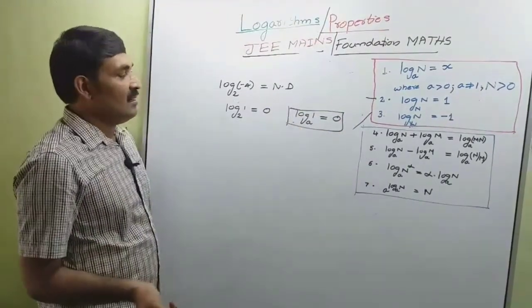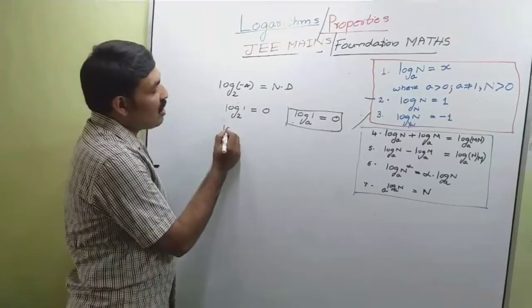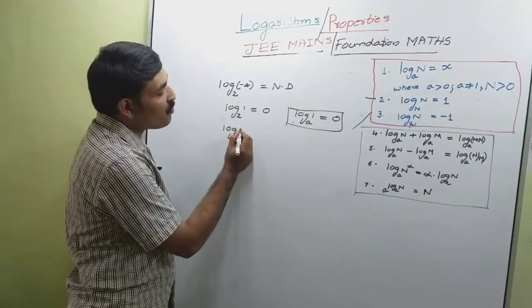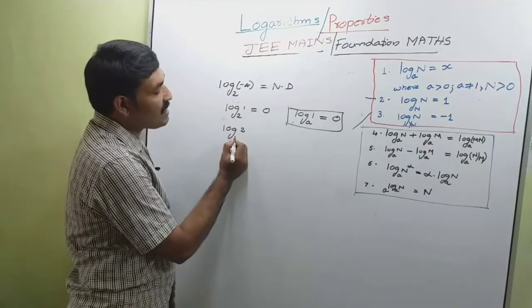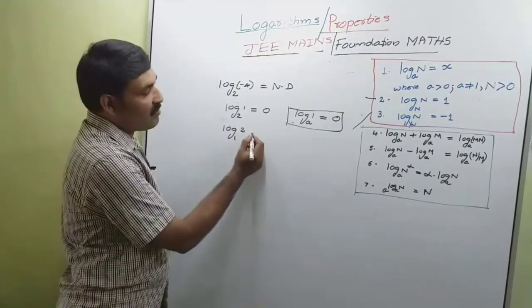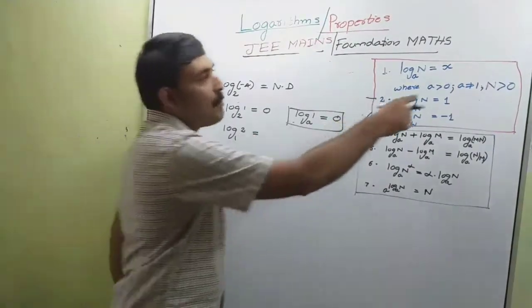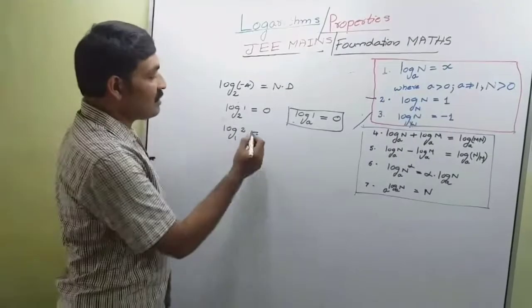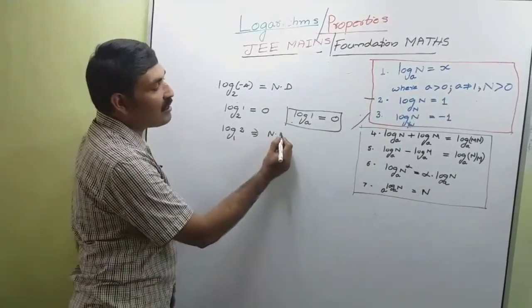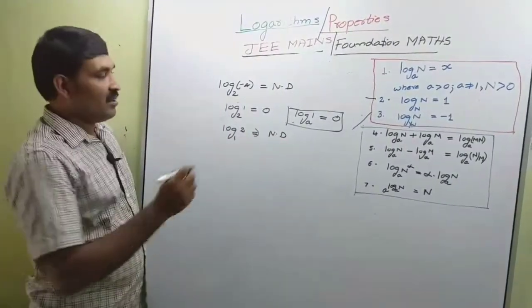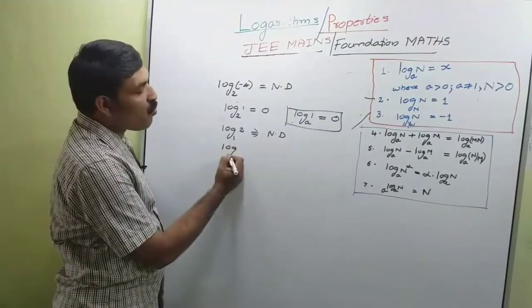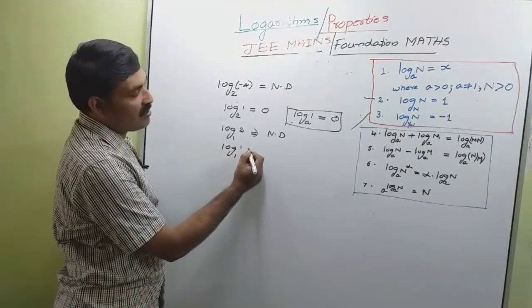Right. Now, log 2 to the base 1. What is the value? Since base should not be equal to 1, this is not defined. Now, log 1 to the base 1.